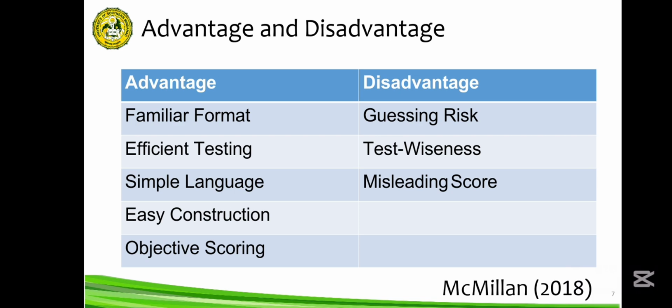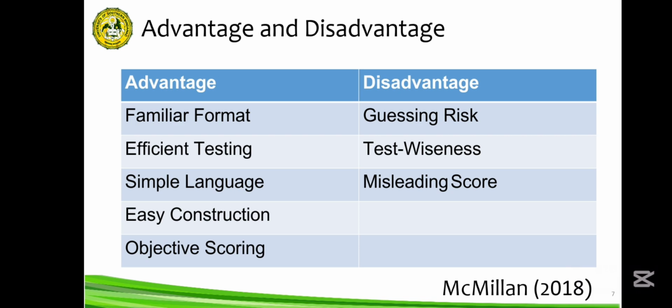Third, simple language. It is written in easy to understand sentences. Also, similar to multiple choice, the scoring is objective and quick. But compared to multiple choice, binary choice questions are relatively easy to construct.